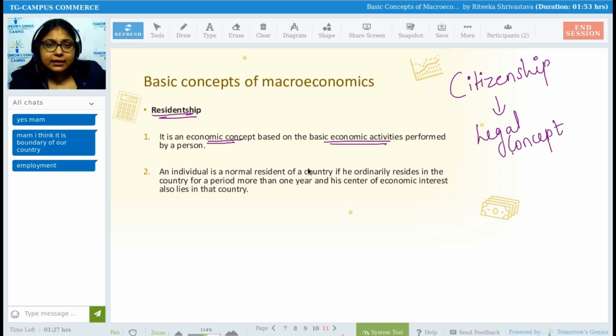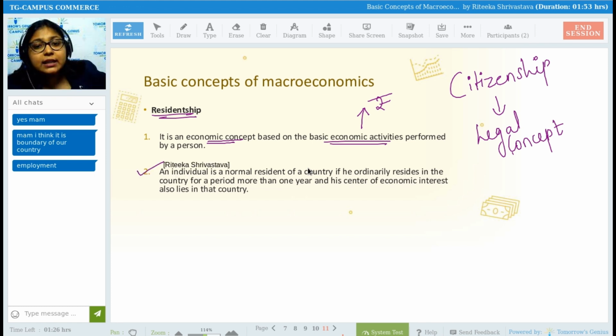Residentship is based on the economic activities being performed by a person, those activities which involve exchange of money. So residentship is an economic concept since it focuses on the economic activity of the individual.